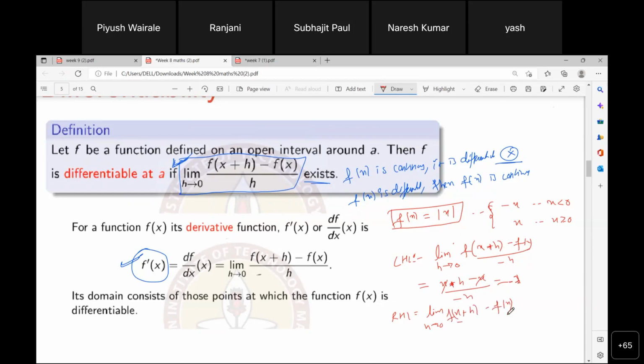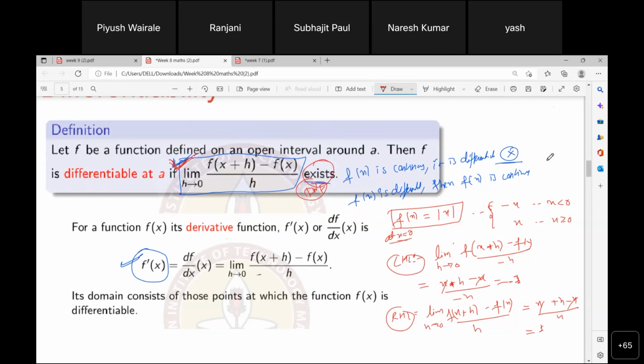We are going from the right hand side, so we have to consider h as positive h. So I will get x plus h minus x upon h. It cancels, and I will get 1. So the left hand limit is not equal to the right hand limit, so this particular limit does not exist. So I can say the function f of x equals mod of x is not differentiable at x equals 0. Just remember, by applying this definition only, you can find any standard derivative or solve any problem.